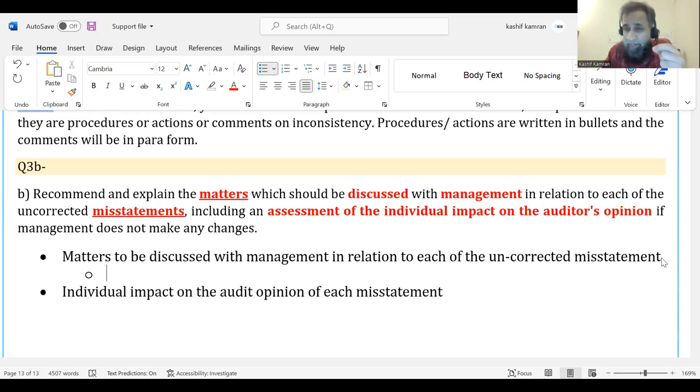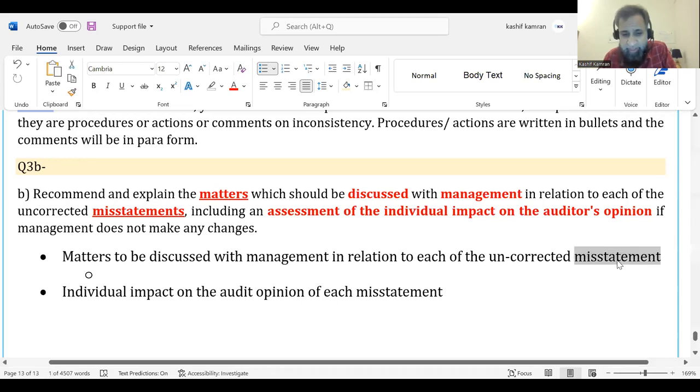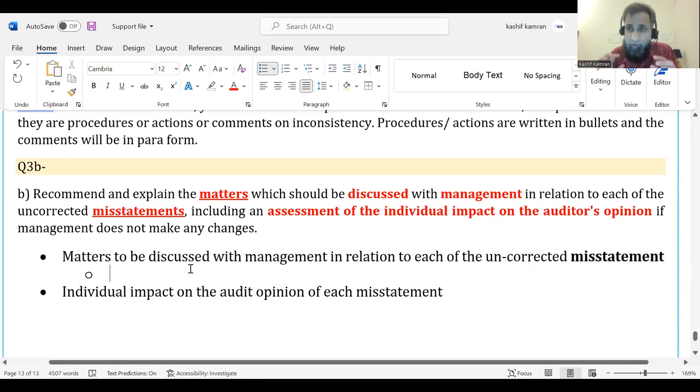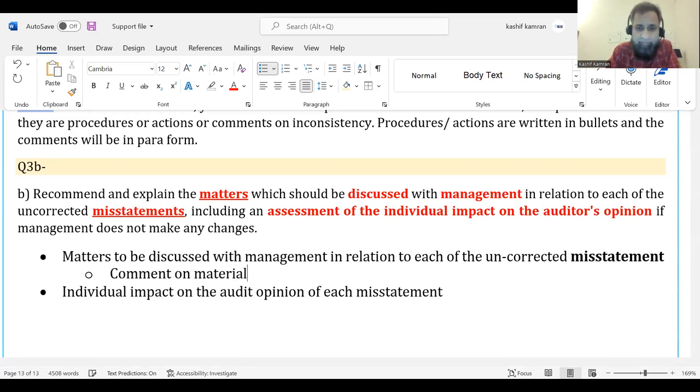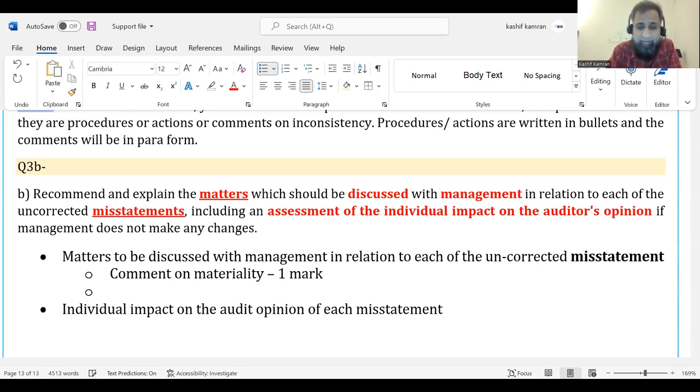So matters to be discussed with management in relation to an uncorrected misstatement. The very first matter, because it is a misstatement, so the very first matter you need to consider is comment on materiality, and you get 1 mark straight away. Then another matter you need to discuss with management is the accounting treatment.